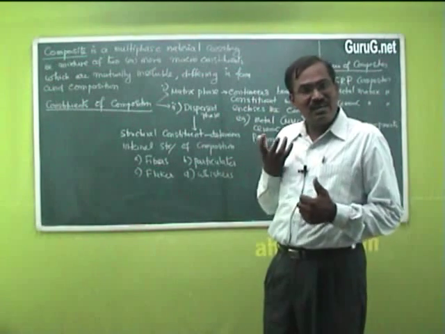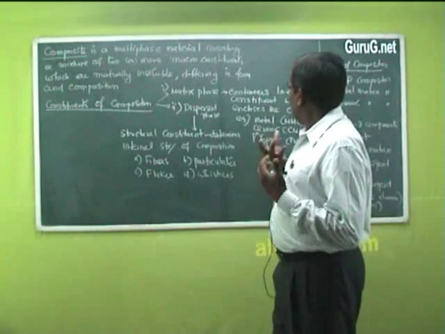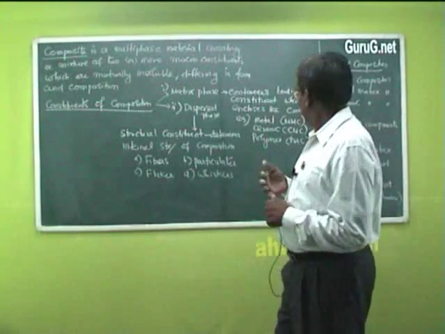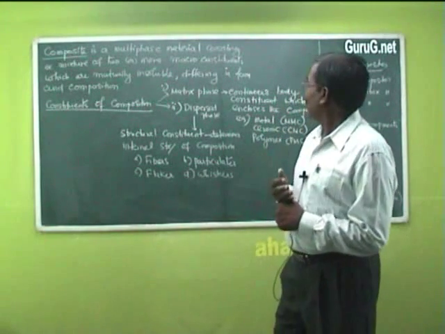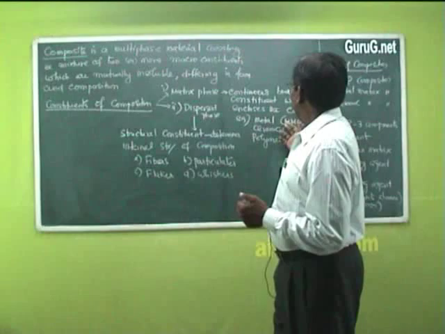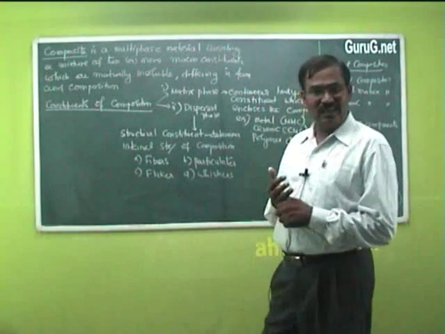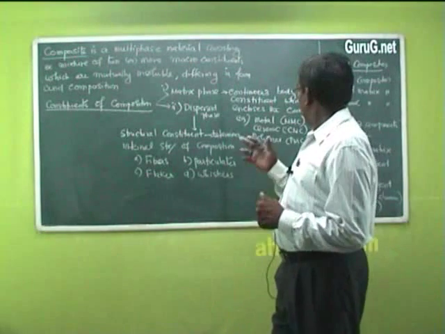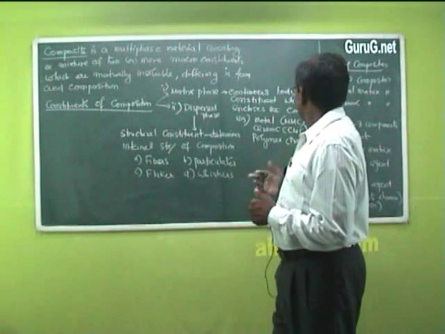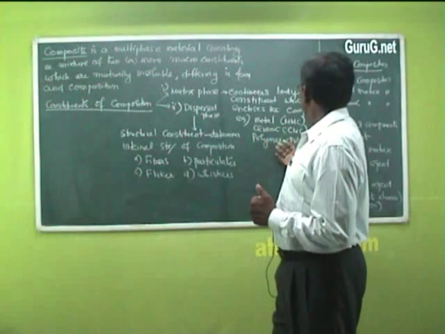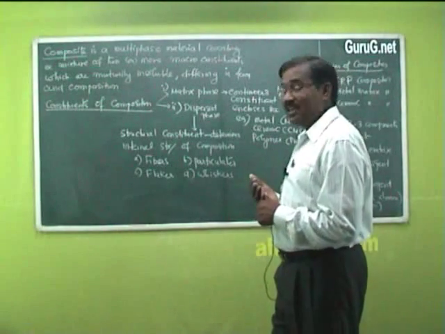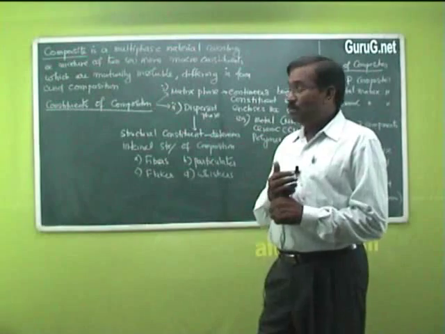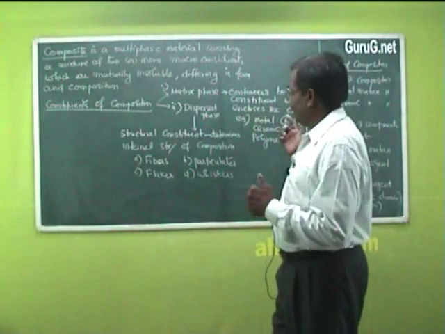That is the medium in which everything remains. It may be a metal, ceramic or polymer: metal matrix composite, MMC, ceramic matrix composite, CMC, and polymer matrix composite, PMC. Our consideration is only on the third category, the polymer matrix.